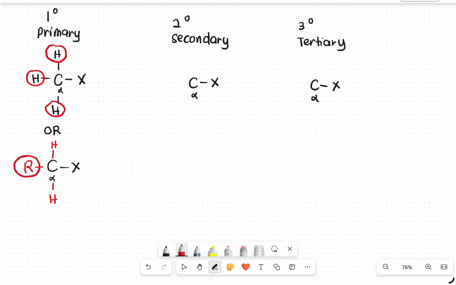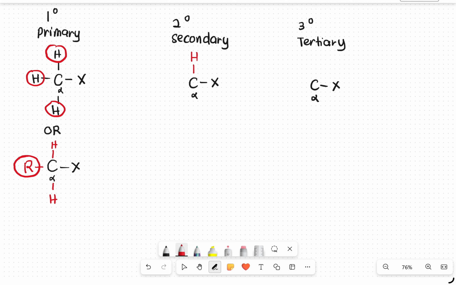Whenever you look at the structure, you have to identify whether the class is primary, secondary, or tertiary. For the second one, secondary, there's only 1 hydrogen attached. It is simple: you can identify it by looking at the alpha carbon and how many hydrogens are attached.